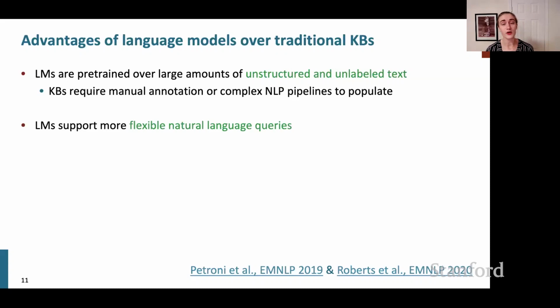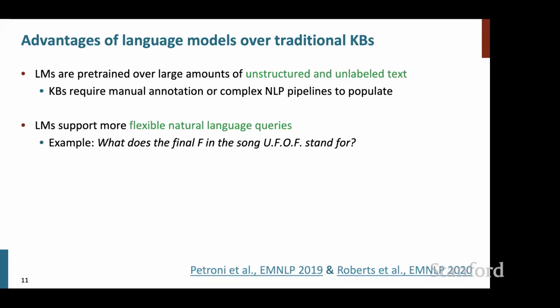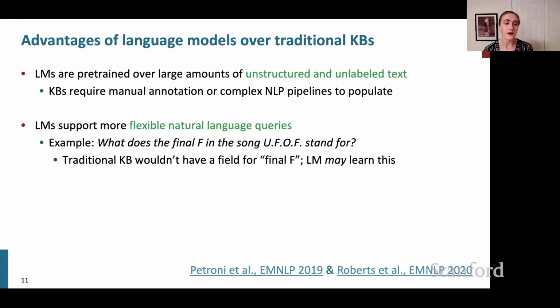Language models can also support more flexible natural language queries. So if we take the example, what does the final F in the song UFOF stand for? A knowledge base probably won't have a field for final F, so it won't be able to answer your query. But there's a chance that a language model could actually learn and have a response for this natural language query.